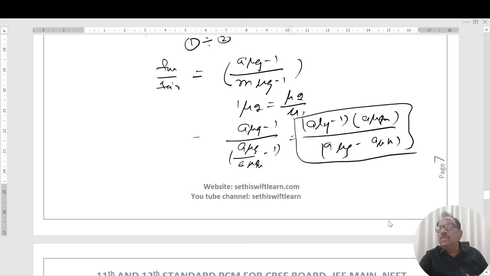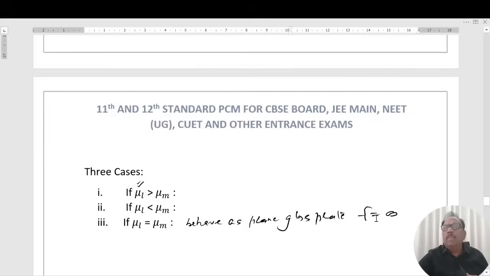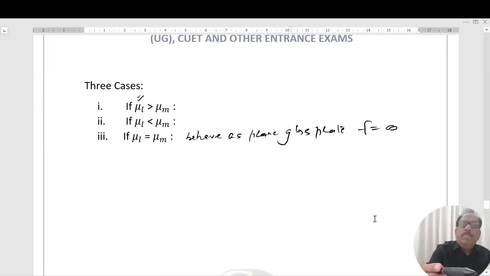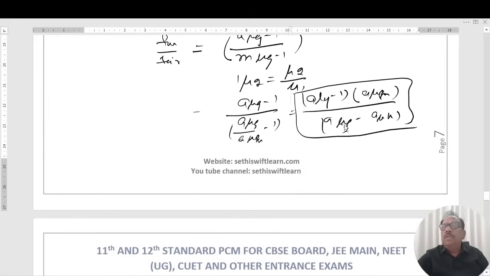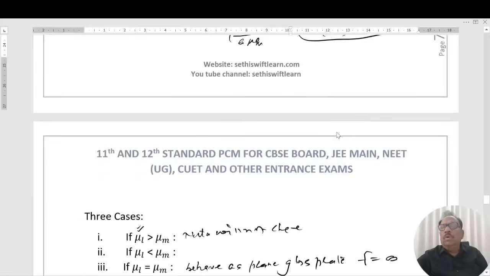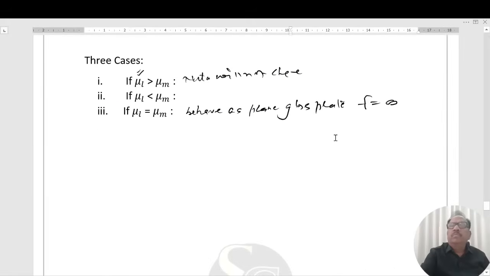This equal to this. The answer is 0. So 1 by f will come to 0. Next, mu L greater than this, nature will not change. Reason? This factor is greater than this. This will be always positive. This is always positive. So nature will not change. F will increase, power will decrease.